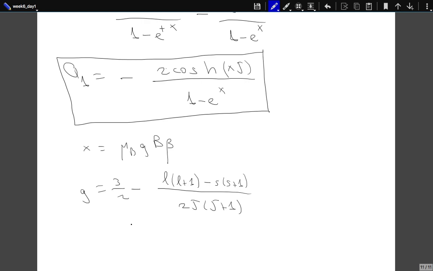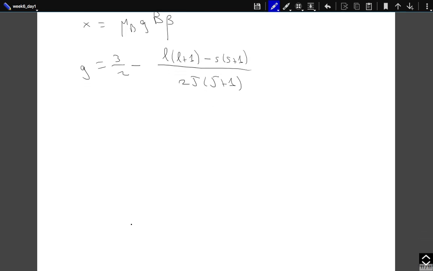In quantum mechanical systems, not all orientations are possible. Only certain orientations are possible. So if, in a certain limit of the quantum mechanical systems, all orientations would be possible, in that case, we should recover the classical result.